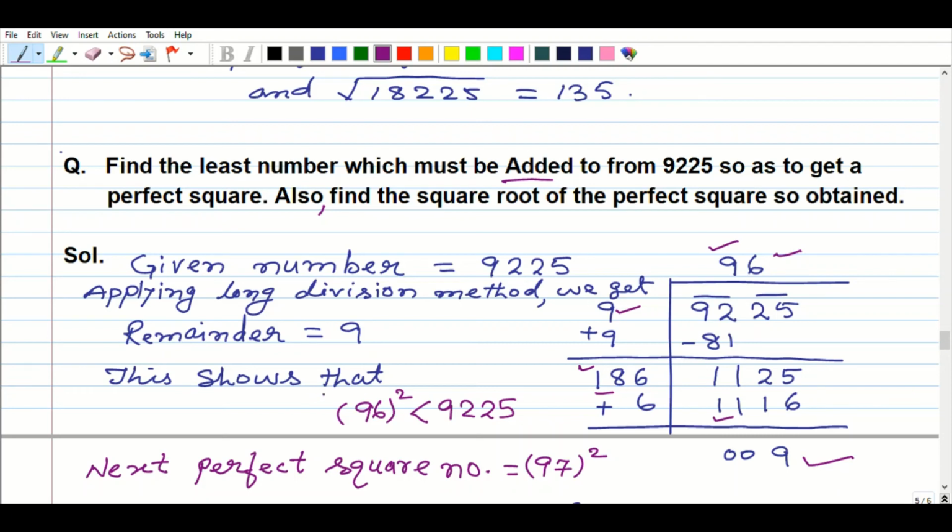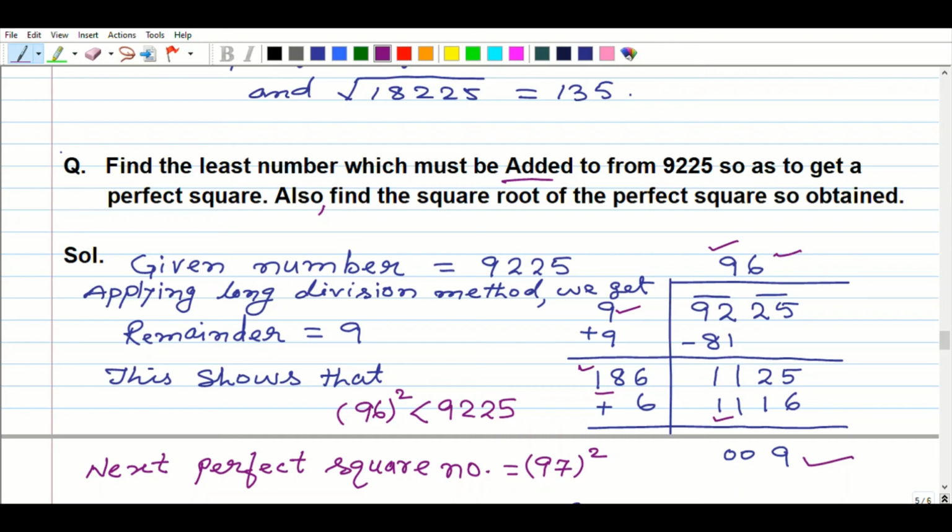This shows that 96 square is less than 9225, right? The next perfect square number after 96 is what? 97 square, right? So 9225 lies between 96 square and 97 square.